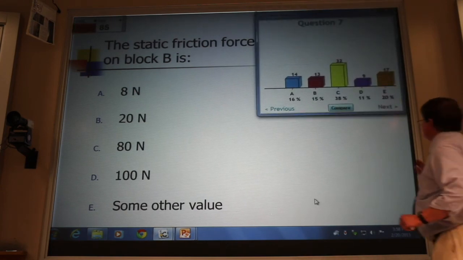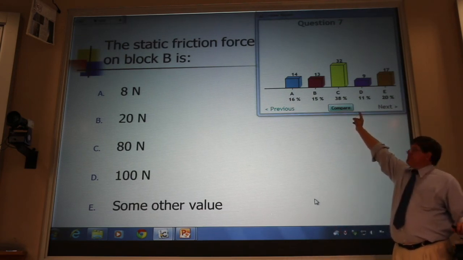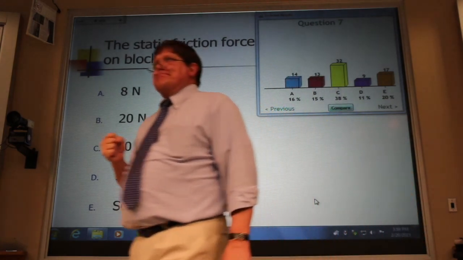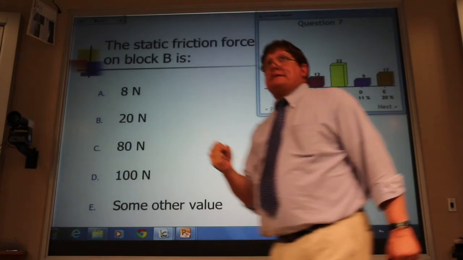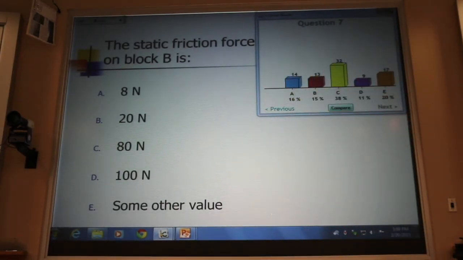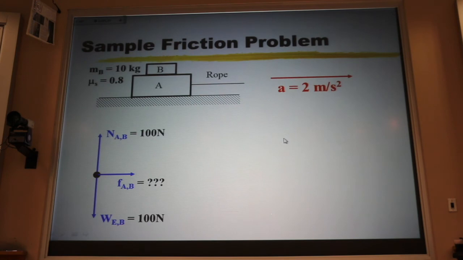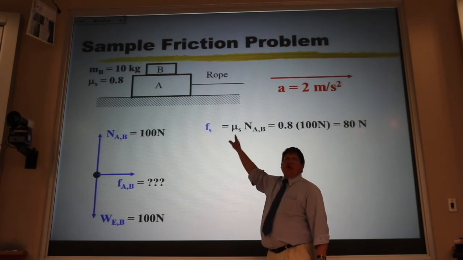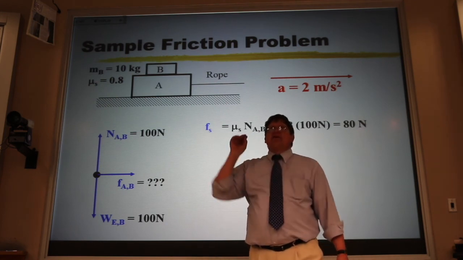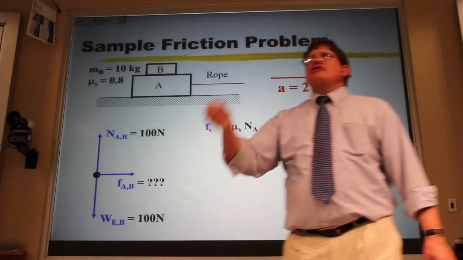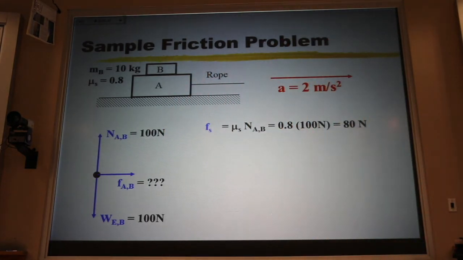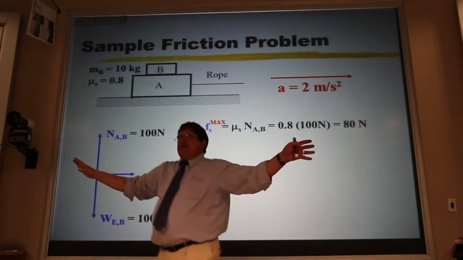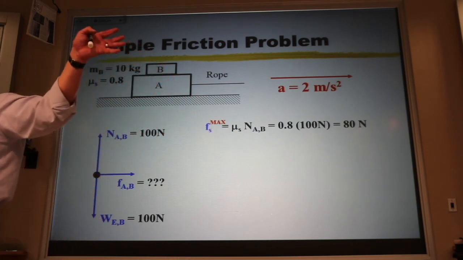Okay, people, if you chose C, if you chose 80 newtons, I will crush you on the next midterm. I will. I won't enjoy it, but I will. Folks, if you got 80, it's because you plugged into this static friction formula. There is no such formula. That formula is for the maximum value of static friction.